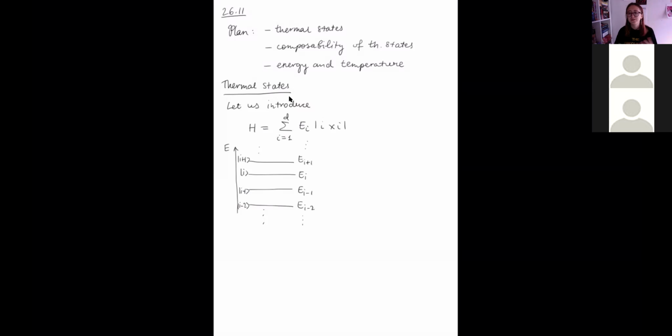For example, we're looking at the classical situation of a gas in some confined space. The particles of the gas can occupy one of these levels, so each particle has a particular energy.